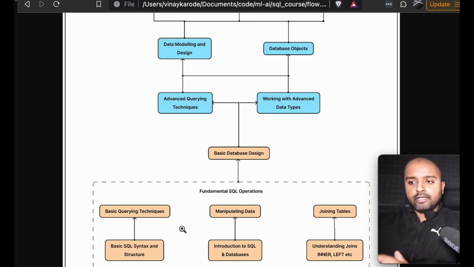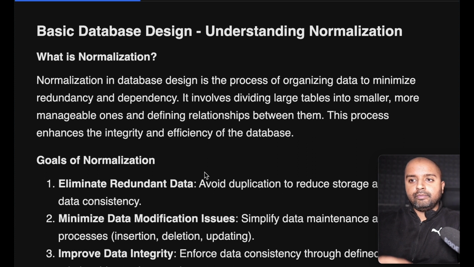So we are almost done with the fundamental SQL operations at this point, and let's look at the basic database design section, and then we can move on to the intermediate and advanced sections. The first topic within basic database design is all about normalization. Normalization in database design is a process of organizing data to minimize redundancy and dependency.